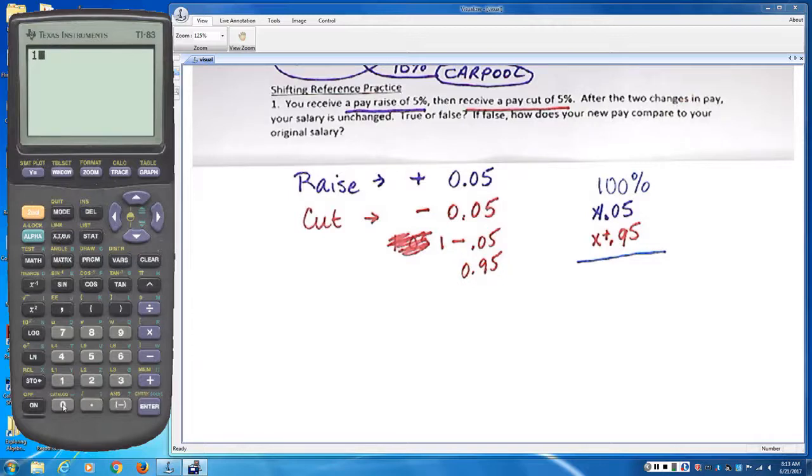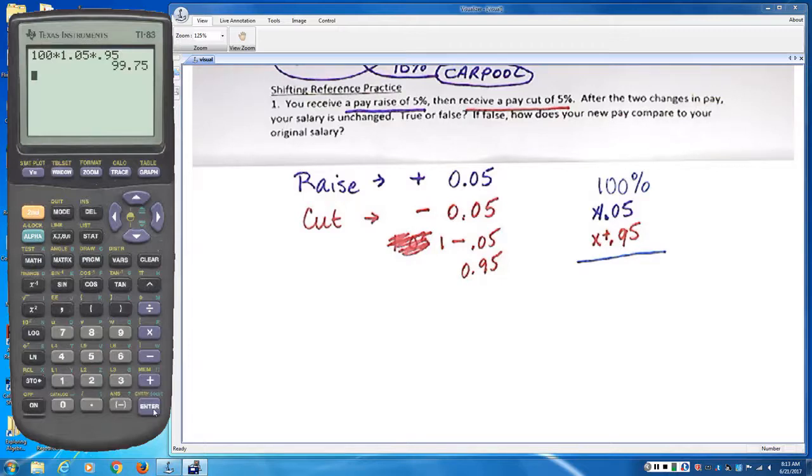So let's see what happens as the final result of all of that. You take your 100%, which is 100 percentage points of your original salary, times 1.05, times 0.95.